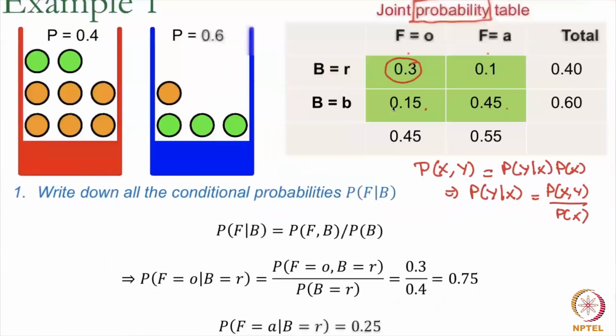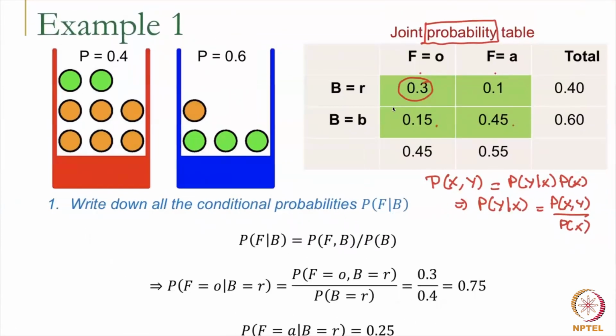It's almost like a divide, and that's where it reminds you that you have to divide by x. Okay, so that's just a useful mnemonic. You can use this fact. P of y given x is P of x comma y divided by P of x. Okay, so we can use the same thing here.